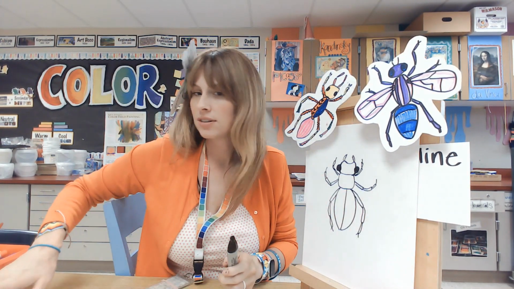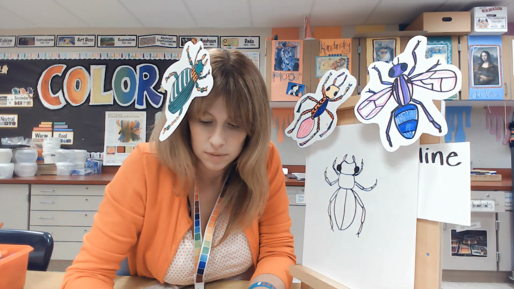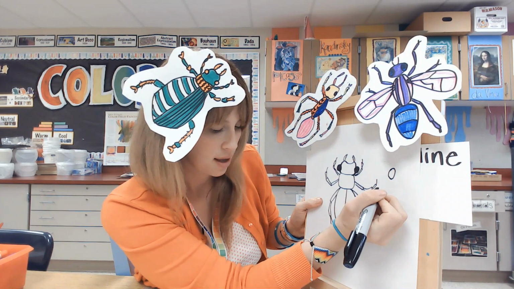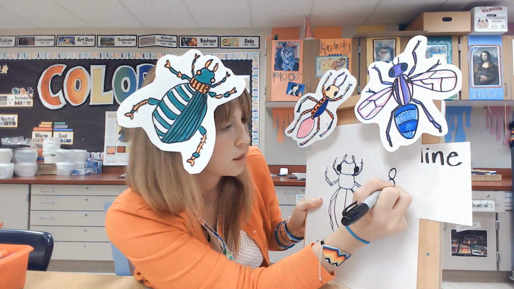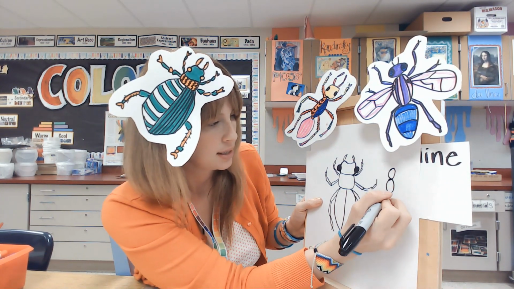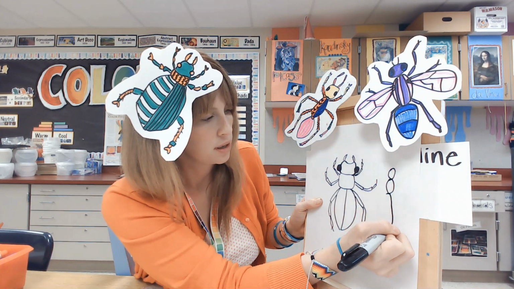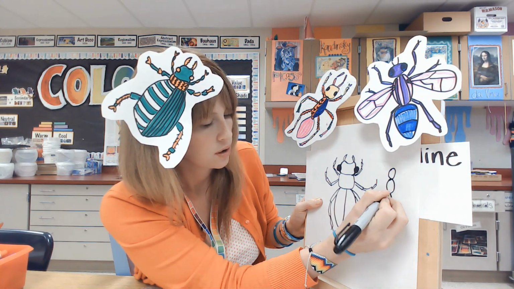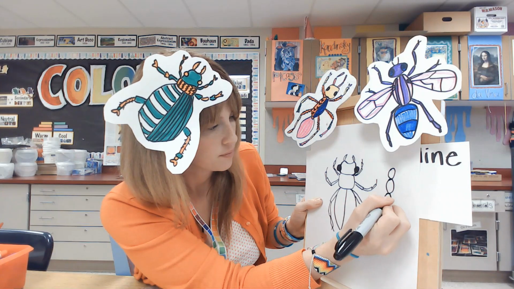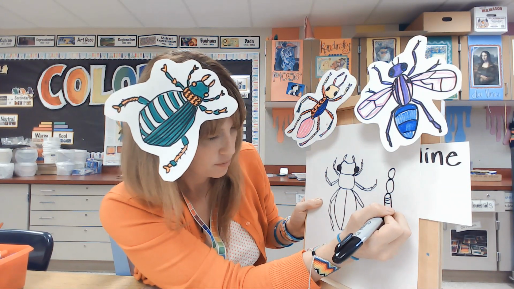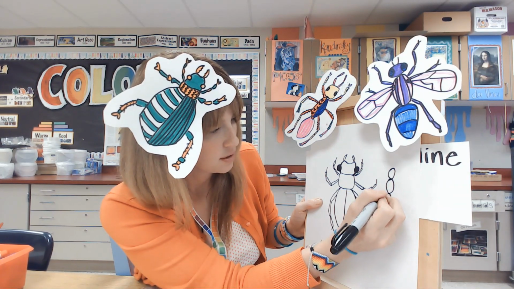I'm gonna look at a dragonfly. Let's see here. It's really skinny. Head, thorax, and its abdomen is just really long. Kind of like in little sections.